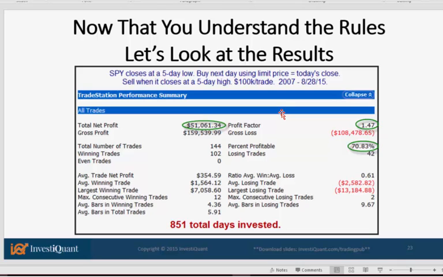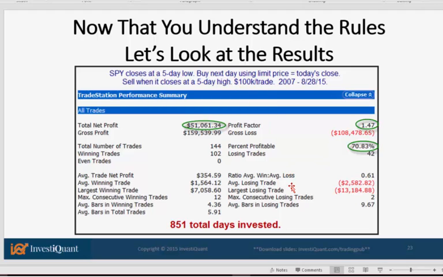And this is how it would have performed using that very simple strategy going back from 2007 until the end of August of this year. Over time, there would have been 144 trades. Nearly 71% of them would have been profitable, and we would have seen a profit factor of 1.47.